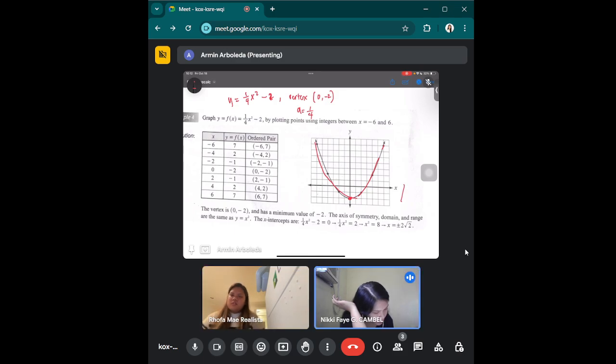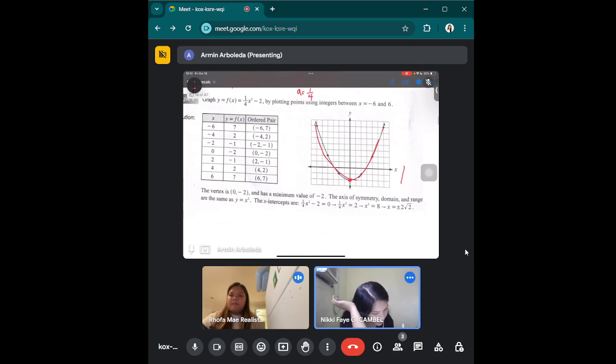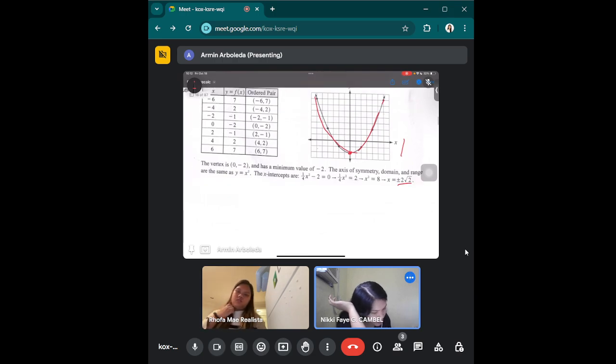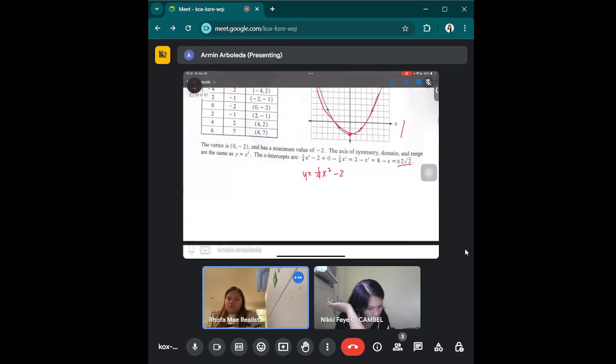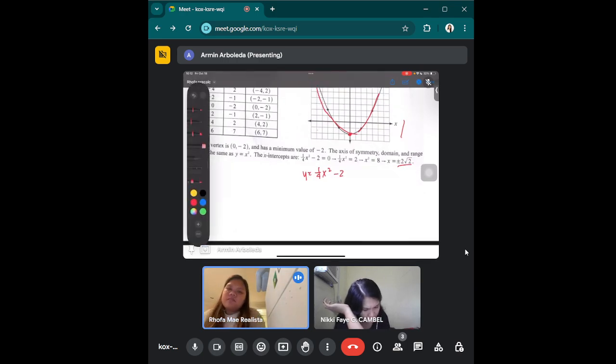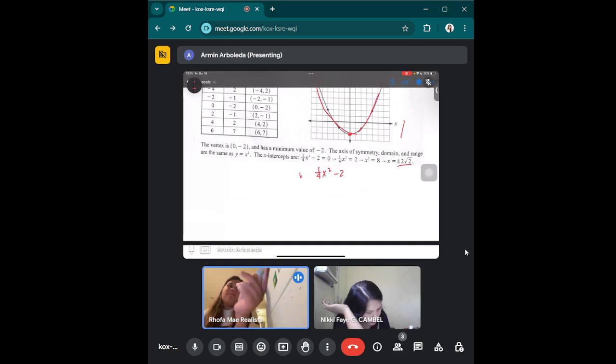And the intercepts are what? Here. So let me show you this one. y is equal to 1/4 x squared minus 2. Equate natin si y to 0.